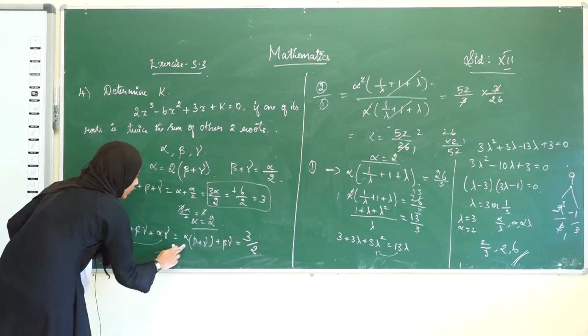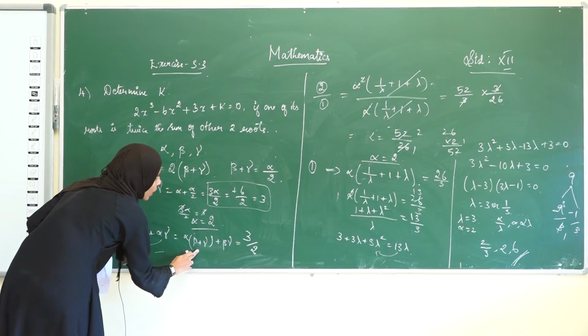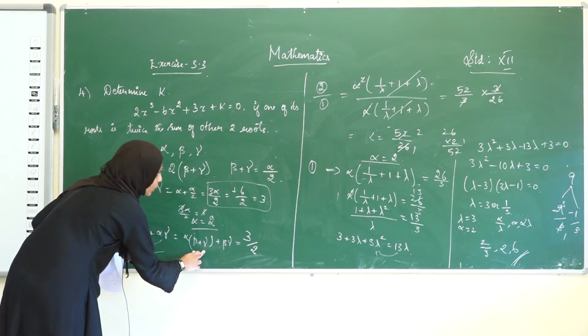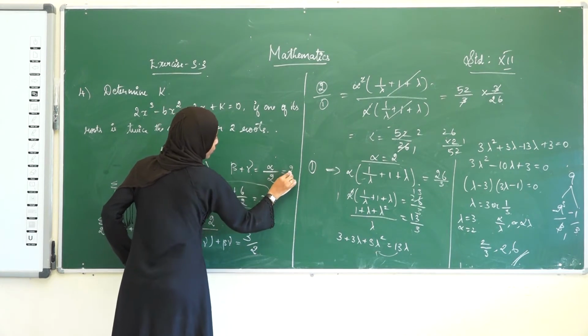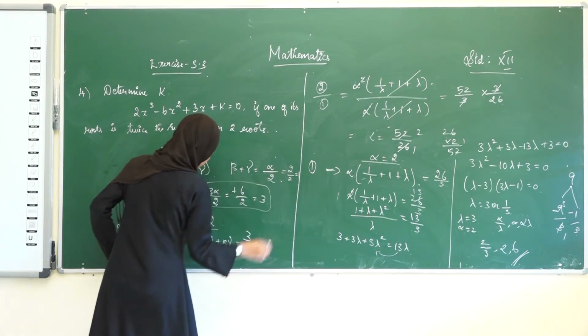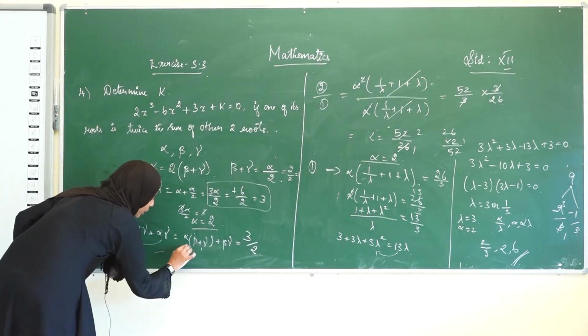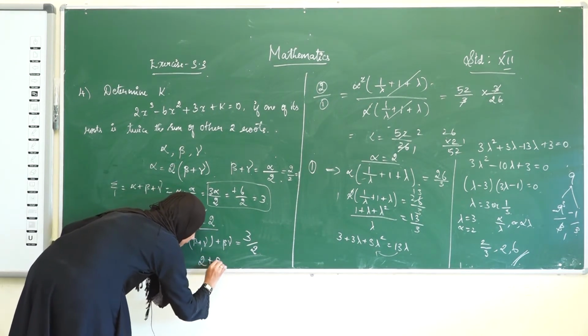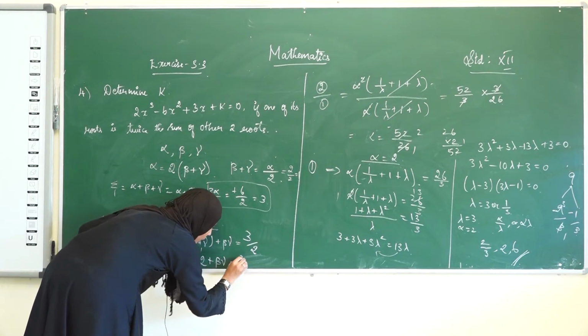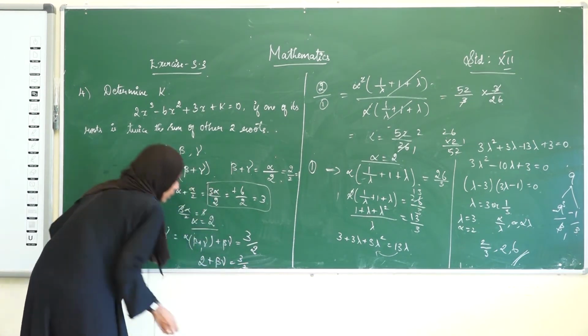Now we know the value of alpha, which is 2, and beta plus gamma is equal to alpha divided by 2. Since alpha's value is 2, 2 by 2 is equal to 1. So the value of this is 1 and value of this is 2. Therefore 2 into 1, it becomes 2 plus beta gamma is equal to 3 divided by 2.